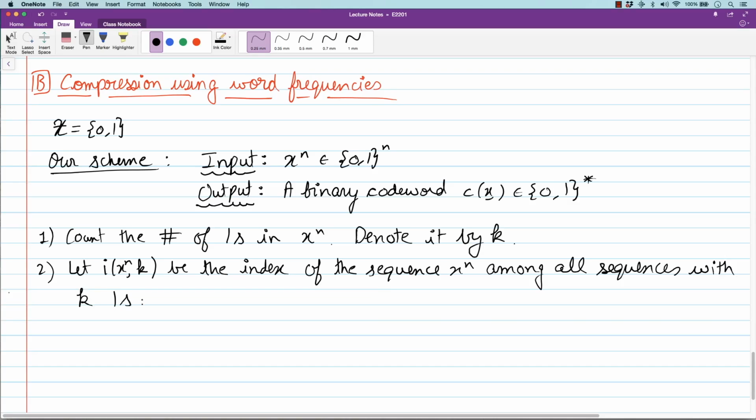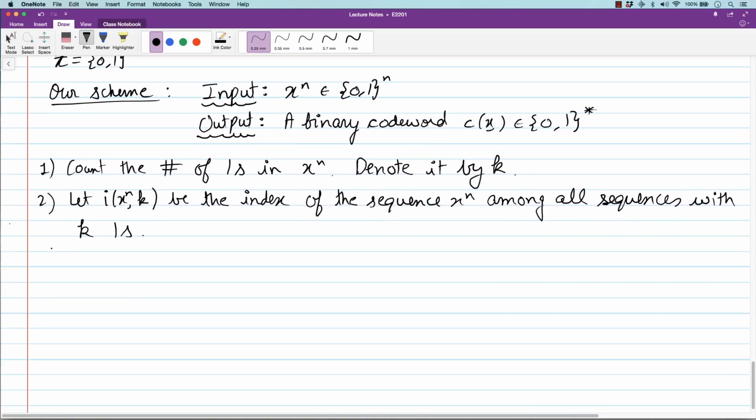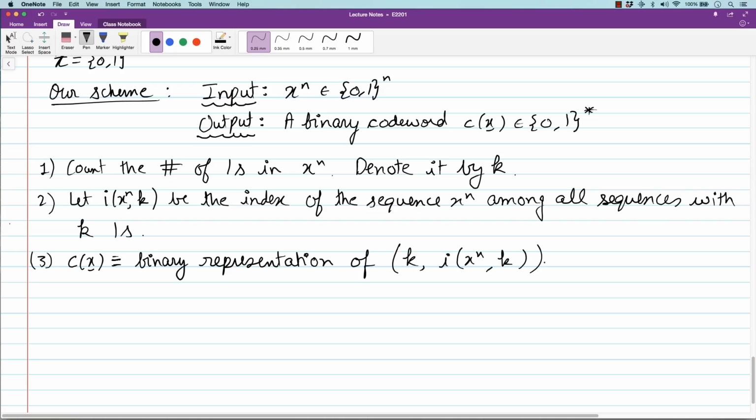That's this I(x^n, k). And how do we store c_x? I'll give a rough description: c_x equals the binary representation of k, comma, this I(x^n, k).